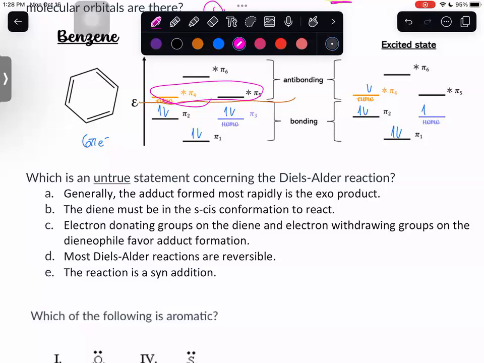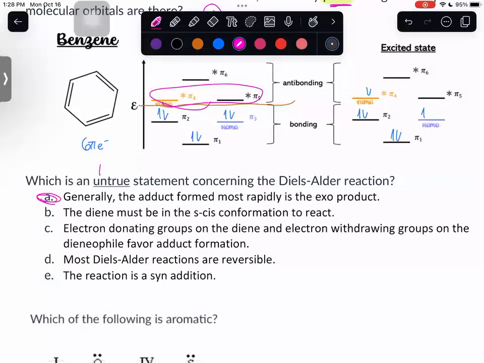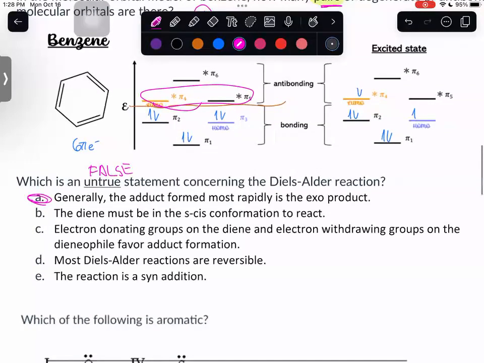I know it's not this. So yeah, it is gonna be A. Because remember, they're just asking you for the false statement. So we know that the exo product is not going to be the major one. That's the least stable product that we could possibly create. We always want to try endo.